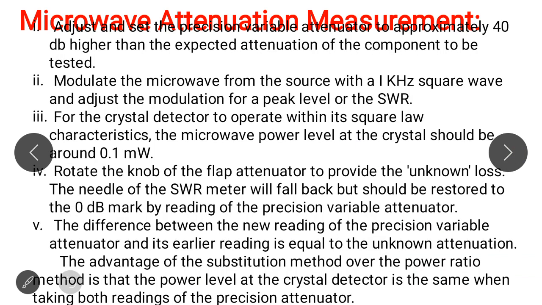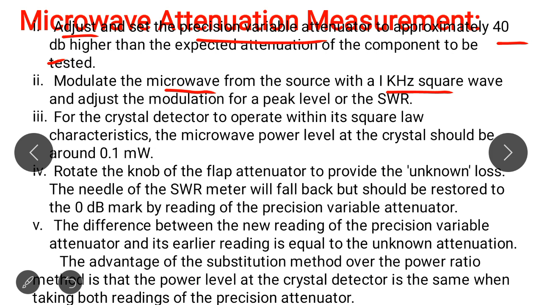The steps to be followed in this measurement are: first, adjust and set the precision variable attenuator to approximately 40 dB or higher than the expected attenuation of the component to be tested. Next, modulate the microwave source with a 1 kHz square wave and adjust the modulation for a peak on the VSWR meter.